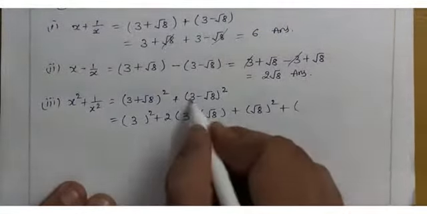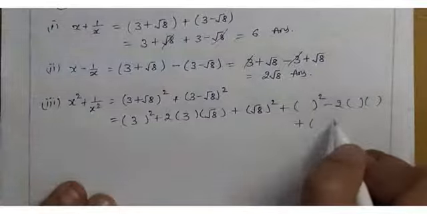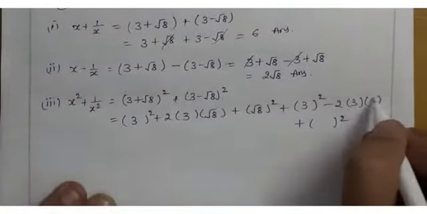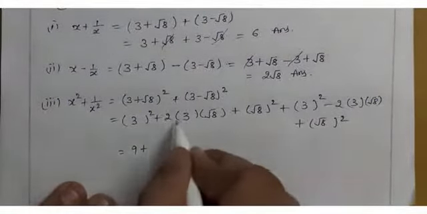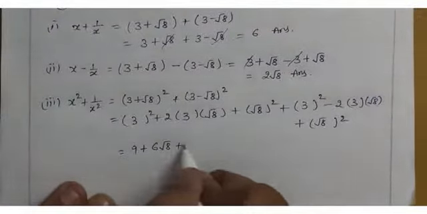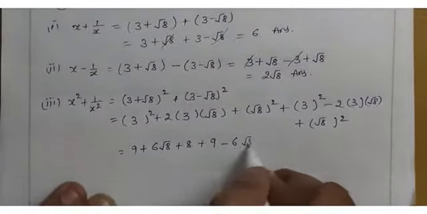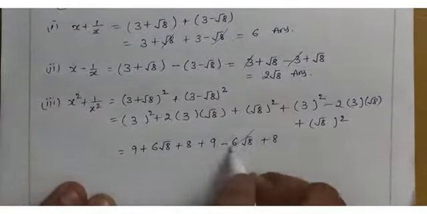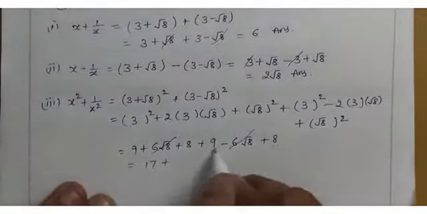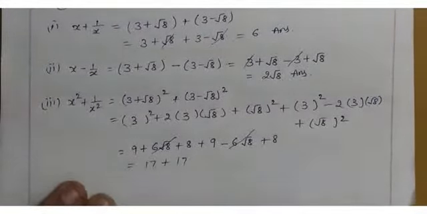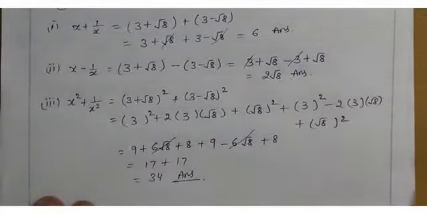Plus then a minus b whole square, a square minus 2ab plus b square. 3 square is 9, 2ab is 6 root 8, root 8 square is 8. So 9 plus 6 root 8 plus 8, and 9 minus 6 root 8 plus 8. Plus 6 root 8 and minus 6 root 8 both cut. 9 plus 8 is 17 and 9 plus 8 is 17 again. 17 plus 17 is what? 34. This is your answer.